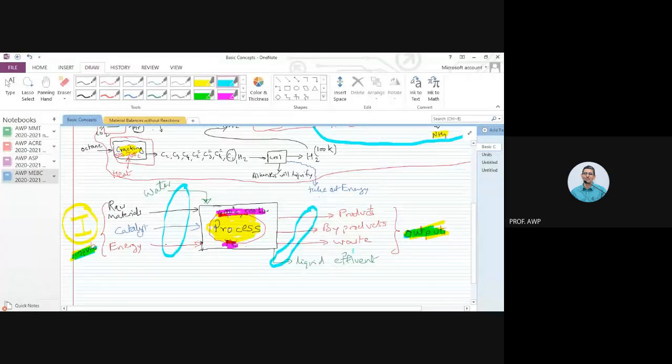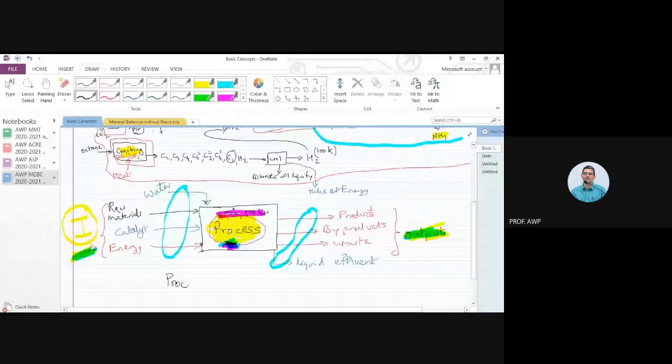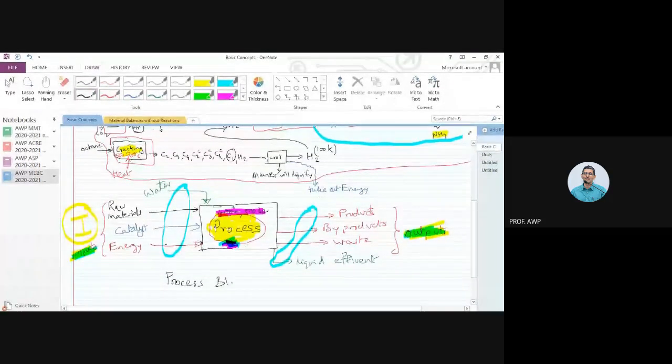It seems silly that we are talking so much about blocks and arrows, but as we go along, all these things will be clearer to you. We are going to depict processes using this process block diagram. The process block diagram is going to convey all the necessary things that are happening in the process.